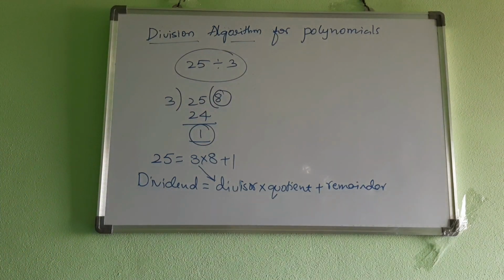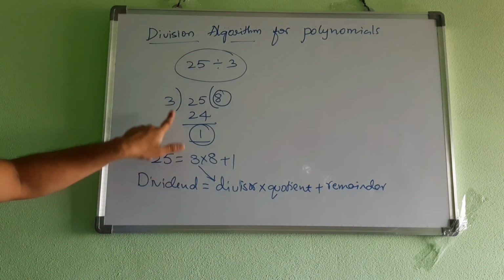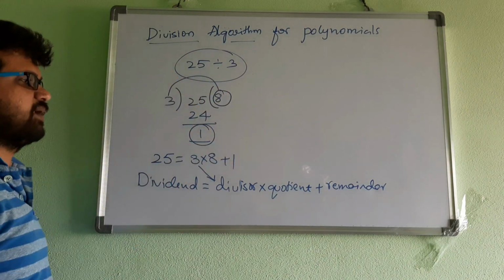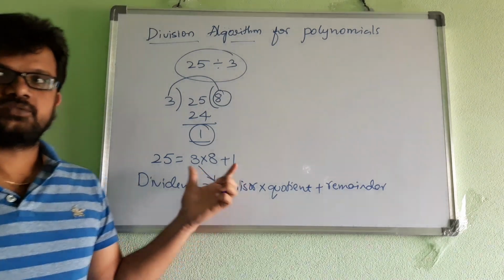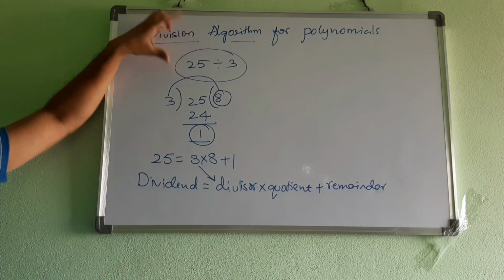So the division algorithm for numbers is: dividend is equal to divisor into quotient plus remainder.